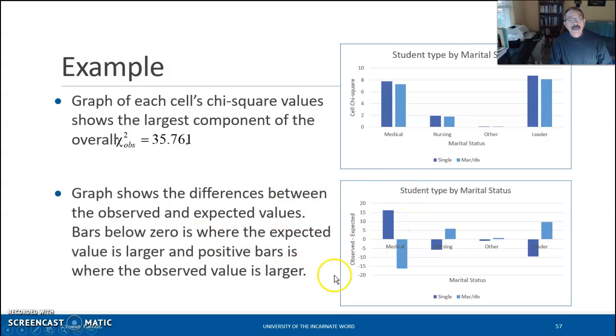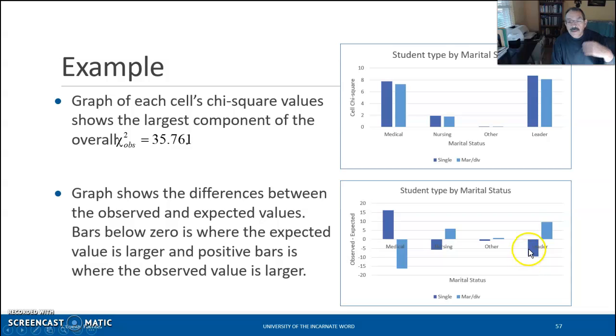If you look at the difference between observed minus expected, for single medical students this is a positive value, meaning more single students came to the course than expected, and fewer married students than expected. For the leaders, for single, this is a negative value.